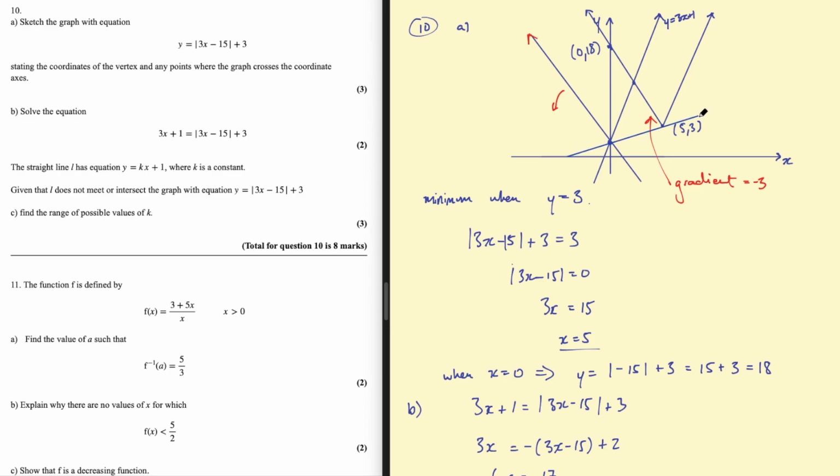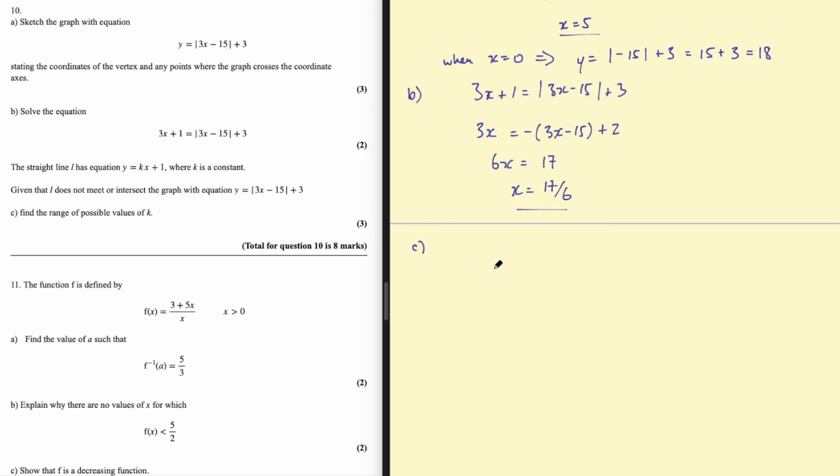So we could have that line going here, and it needs to be just less than intersecting with this point. So it could be anywhere in here, that gradient. Okay. So how can we represent that? Well, firstly, we want the gradient of this line. We can find that because we have this minimum point and the y-intercept. So let's find the gradient between those 2 points. So the point 0, 1 and 5, 3.